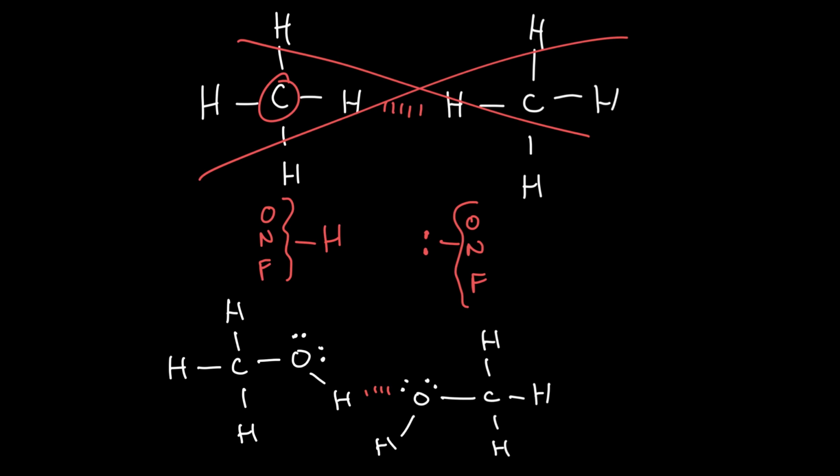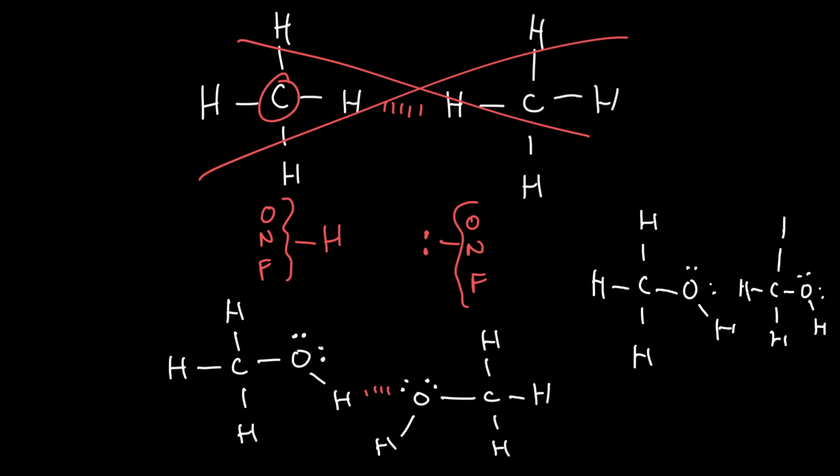So you might say, well, okay, why'd you do it like that? Why couldn't you have just written them essentially one right next to the other? So I'm going to go ahead and just draw one next to the other. Apologies for my terrible drawings. And you might say, well, isn't that a hydrogen bond right there? And the answer is, well, it's half a hydrogen bond. And why do I say half a hydrogen bond?